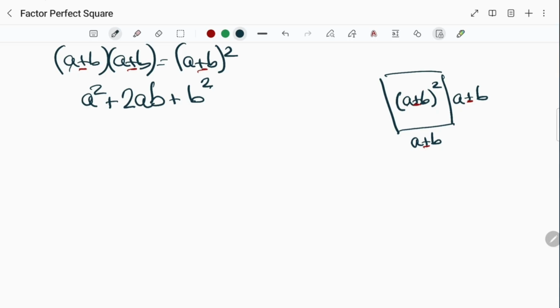If the sign is negative, then in that case this central term will be negative.